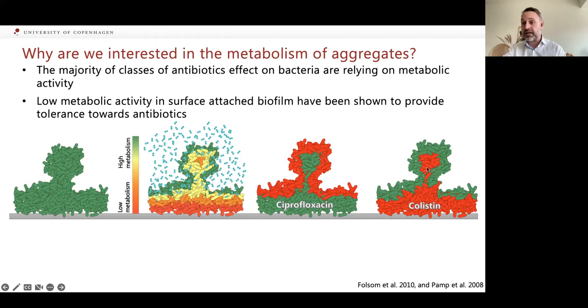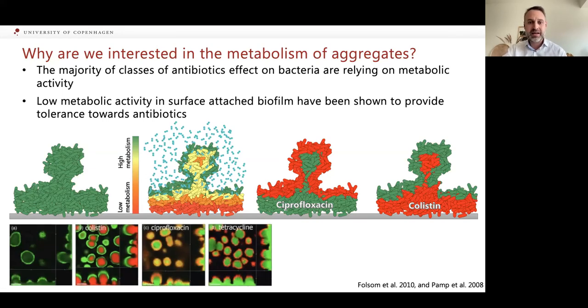There are drugs like colistin that do the opposite. But colistin is not the best drug in the world, and we try not to use it except in very critical cases. Here are classical images where you can see the biofilm being killed in the center with colistin, and the surface being killed here, with live-dead stain.